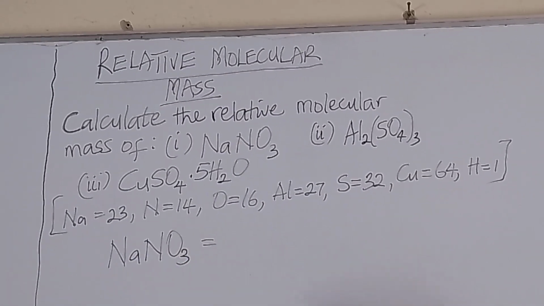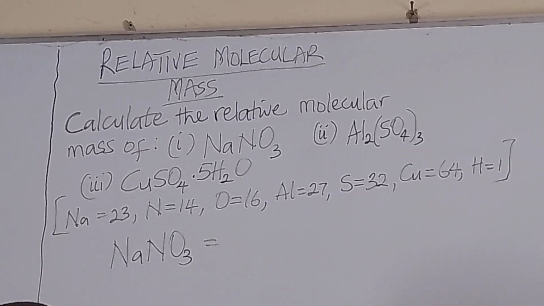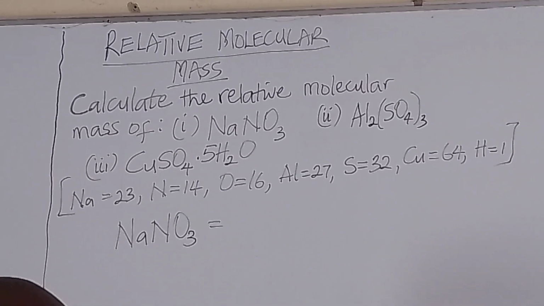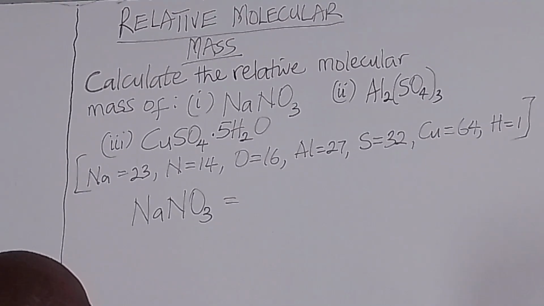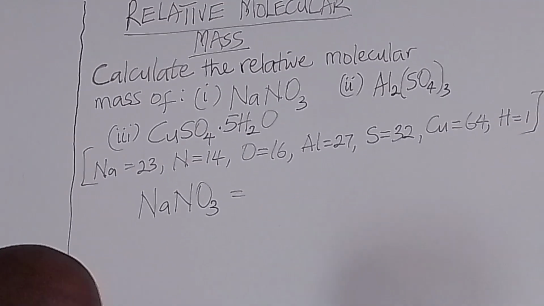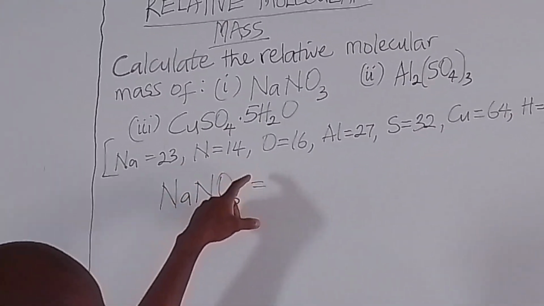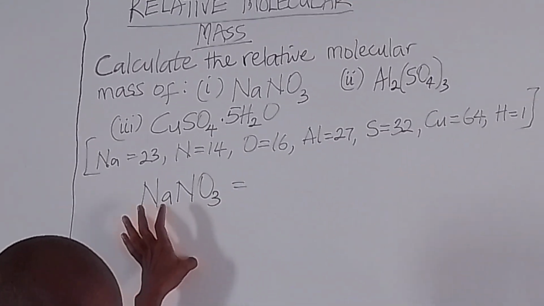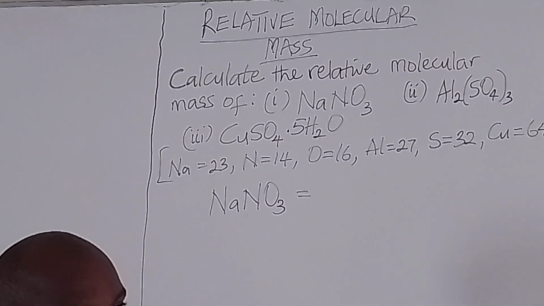The relative molecular mass of sodium trioxonitrate 5. To calculate the relative molecular mass of any given compound, all you have to do is to take the summation of the mass number of all the component elements.